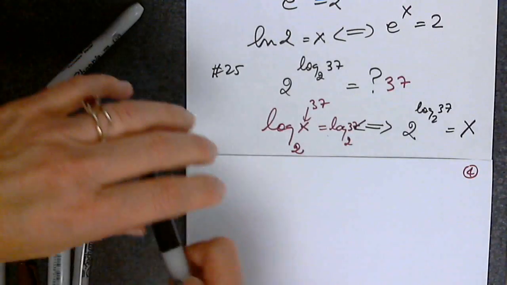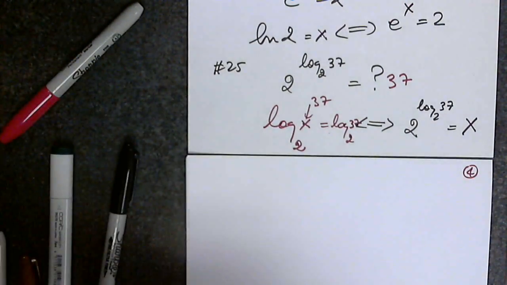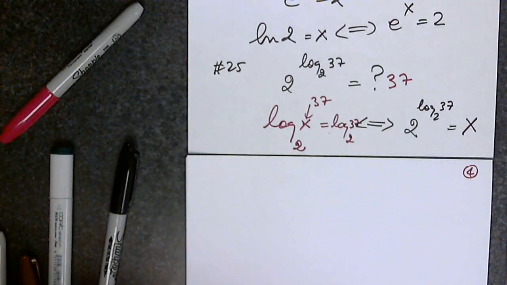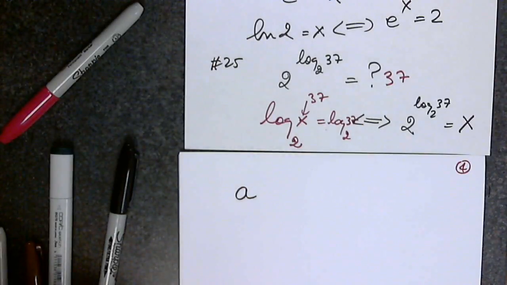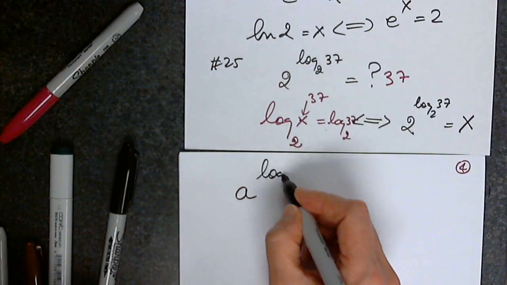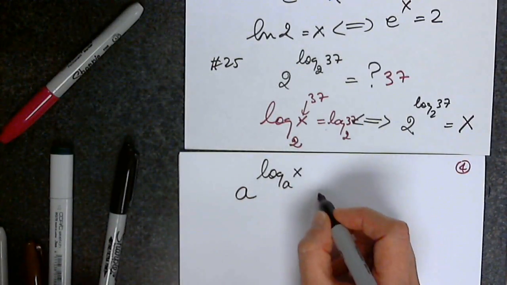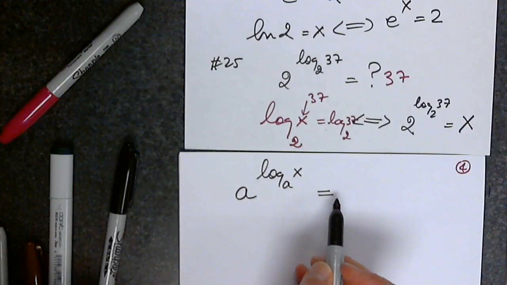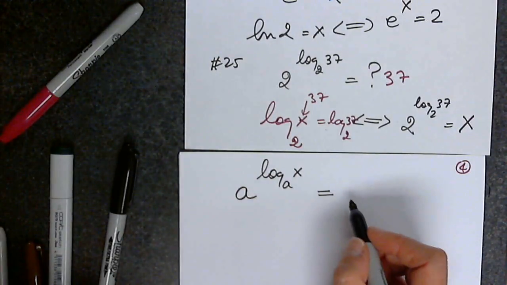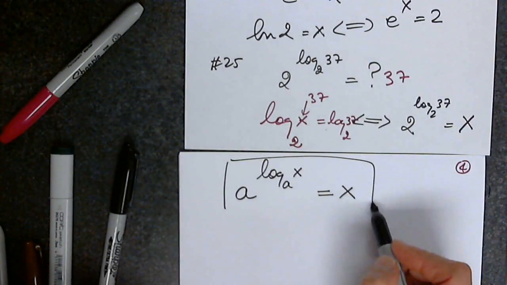So I'm not going to super emphasize it, but it is very important for Calc 2. So here's the property. Base a raised to log base a of x will always equal x, as long as these two bases are the same. If they're not the same, you cannot write x.